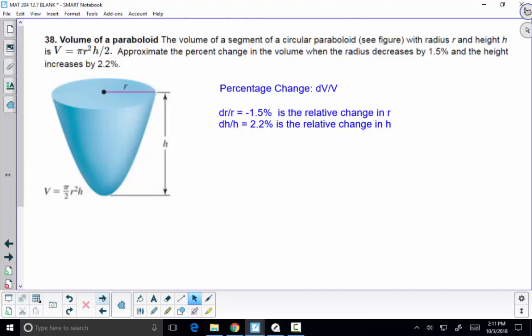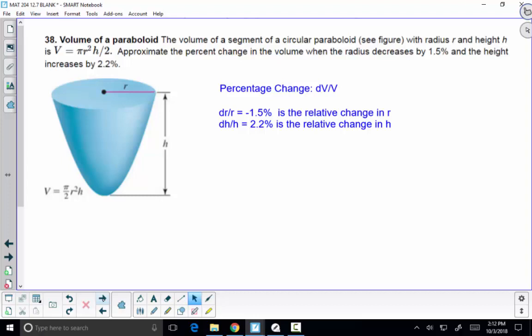What does that do? Percent change is going to be the differential divided by the variable. So dV over V is the percent change in V. dV measures a little bit of change, and if you divide that by the total volume, that gives you the percent change. Similarly for r and h: dr over r is the percent change, or relative change, in r, and same with h.